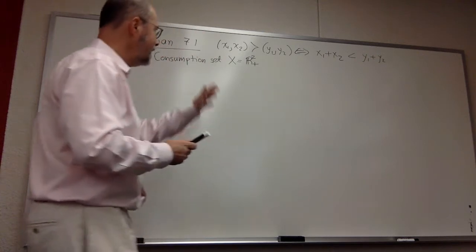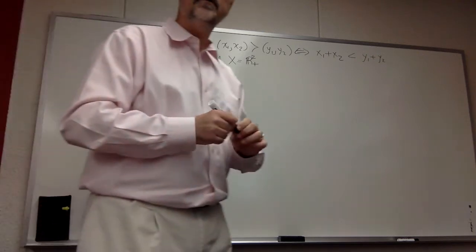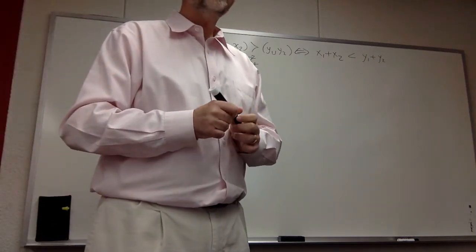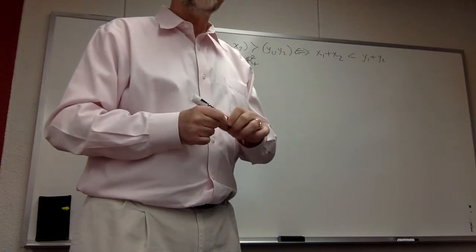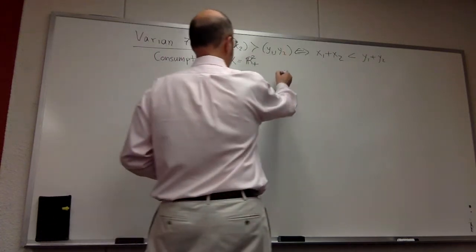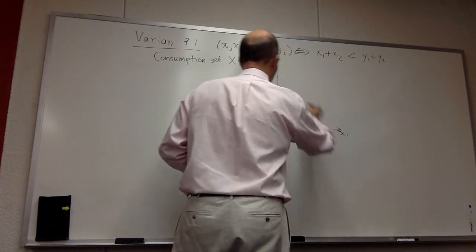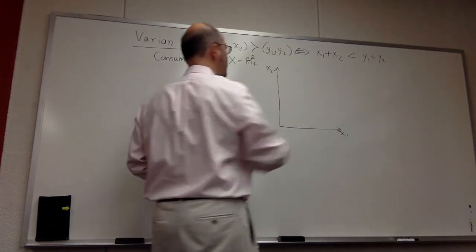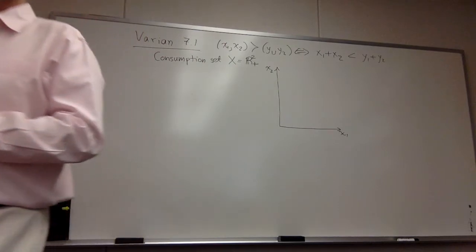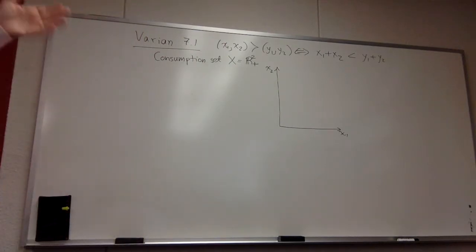So I'm going to pretend I'm a complete newbie at this, which I was a whole number of years ago, and I'm going to start by making this picture. So I will make two axes, one for commodity 1, the other for commodity 2.